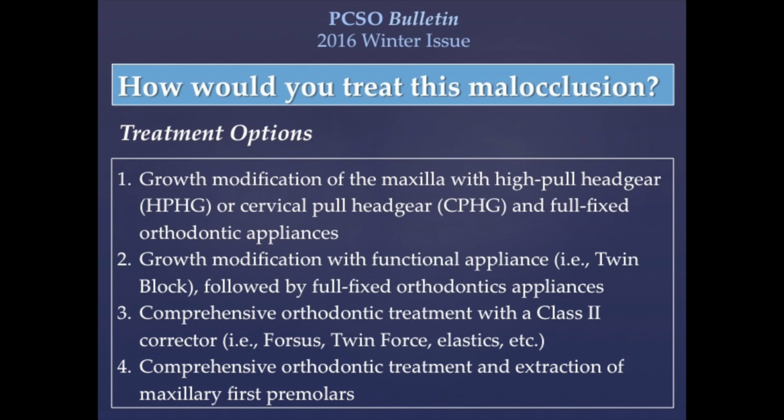Comprehensive orthodontic treatment with a class 2 dental corrector such as a Forsus, Twin Force, or traditional elastics. And 4, comprehensive orthodontic treatment and extraction of maxillary premolars to reduce overjet and achieve a class 1 canine relationship.